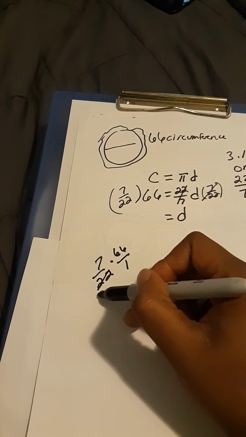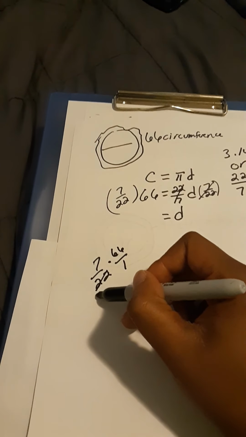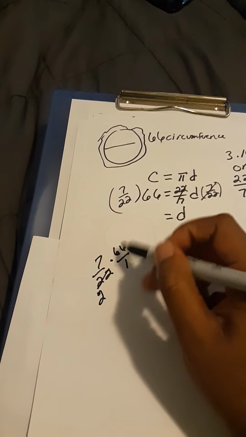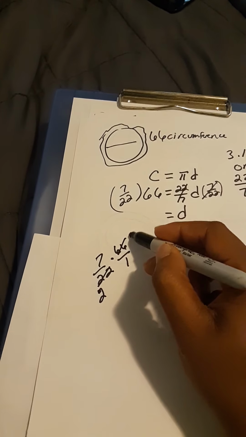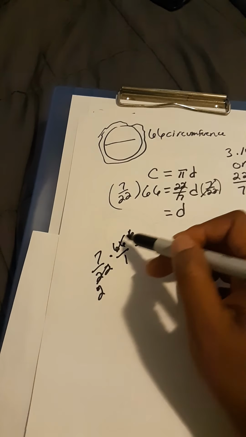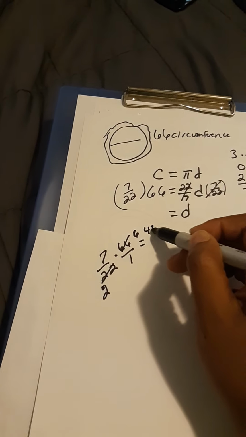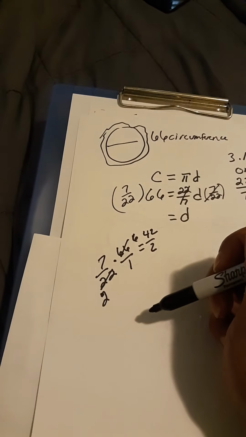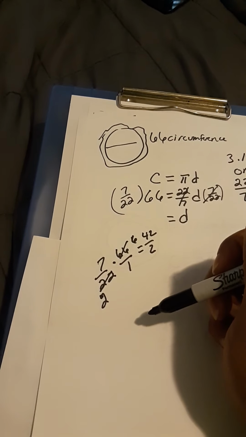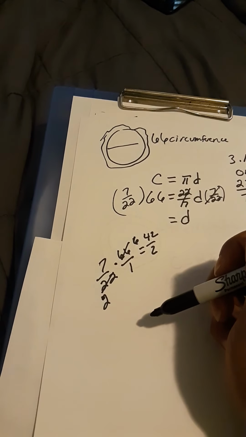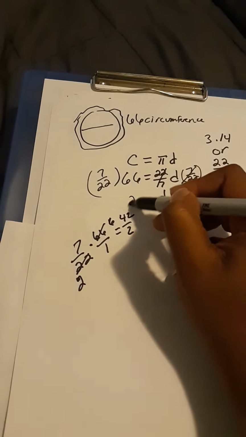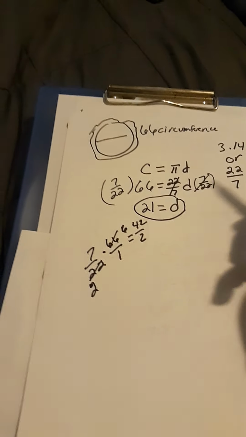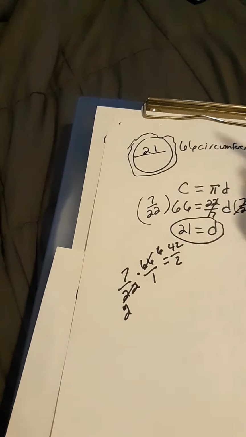Well, 11 can go into both of those. 22 divided by 11 is 2. 66 divided by 11 is 6. Multiply top times top, I get 42 over 2. And when I divide 42 over 2, I get 21. So my diameter for that circle would be 21.